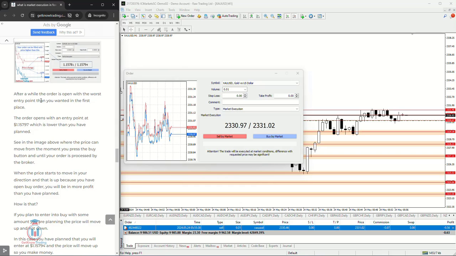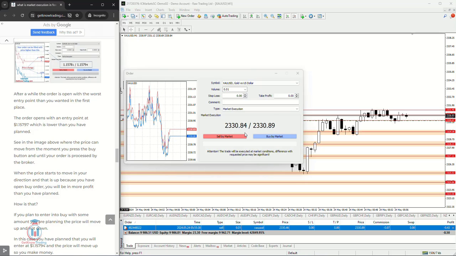So sometimes it is better not to open at a different price, but that is something you cannot influence when you click the sell or buy by market button. It depends on the broker, and you could also find another broker that has faster execution of your order requests if this is the biggest problem you have.